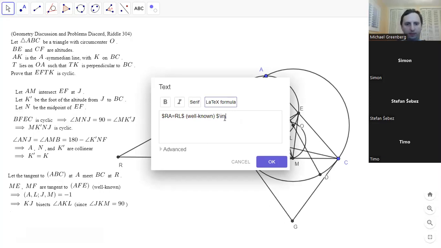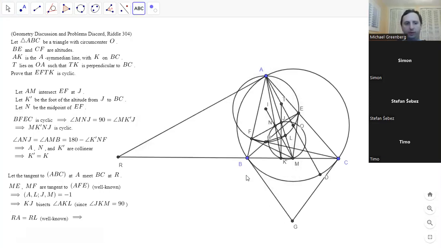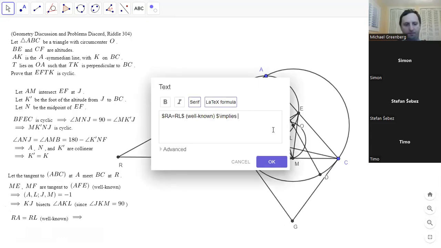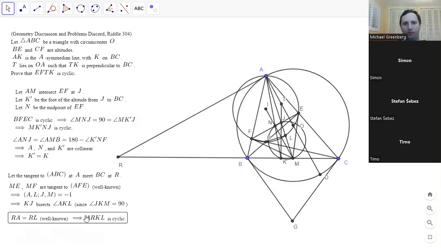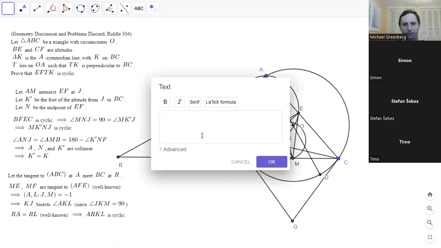I've seen this before, I might have forgotten the proof of it, but that means ARKL is cyclic. And then angle TAR equals angle TKR equals 90. That means that TARKL is cyclic. And then we could use power of a point.